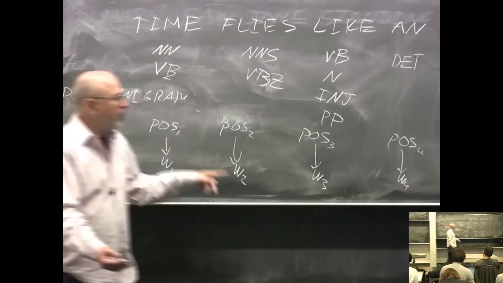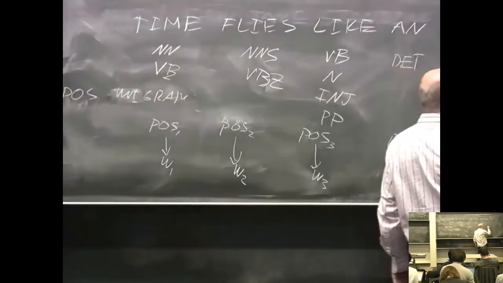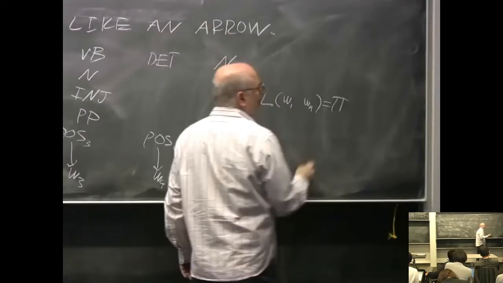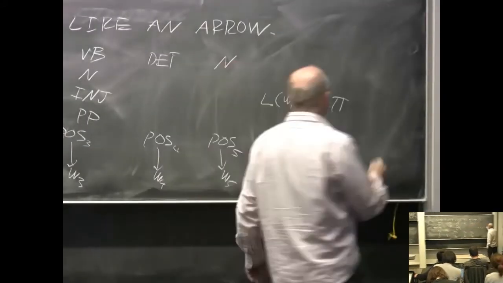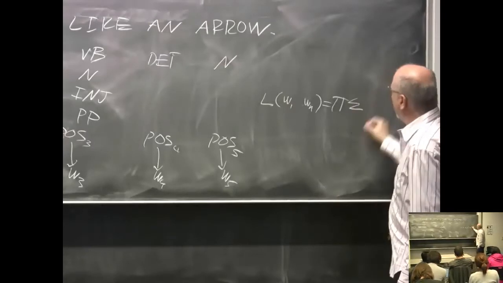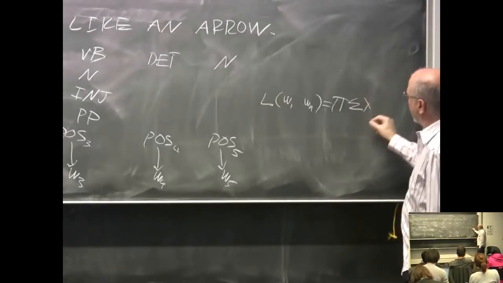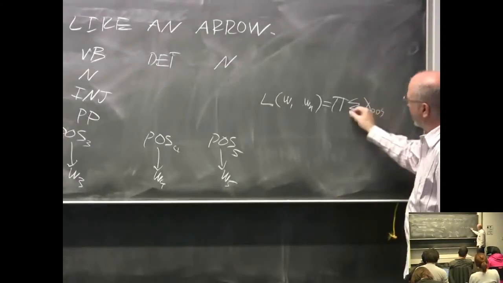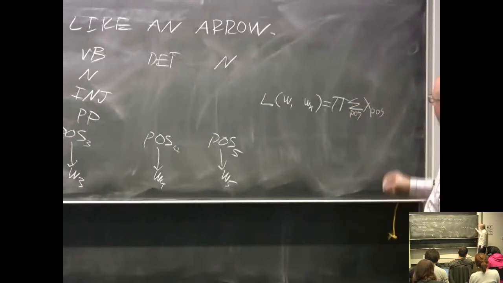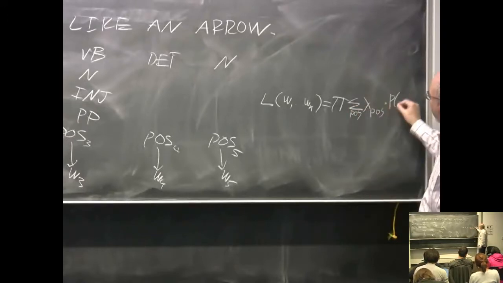And the likelihood of word 1 through word n would be a product of the likelihood of each word, and the likelihood of each word would be a sum over the lambda associated with each part of speech. Now I'm summing over part of speech types times the probability of a word given that part of speech.